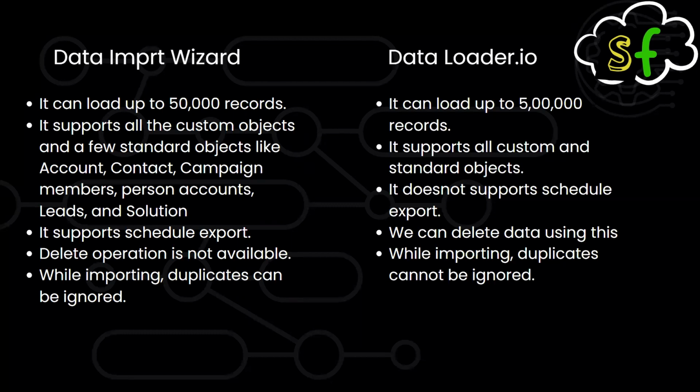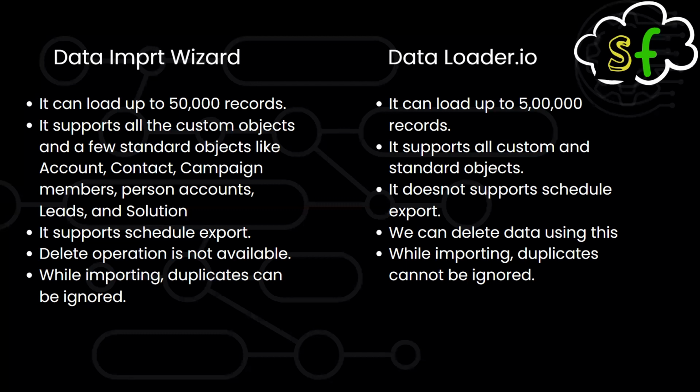Now, data import wizard supports all custom objects and a few standard objects like account, contact, campaign members, person accounts, and solution. But this is not the same in case of data loader. It supports all custom as well as standard objects.